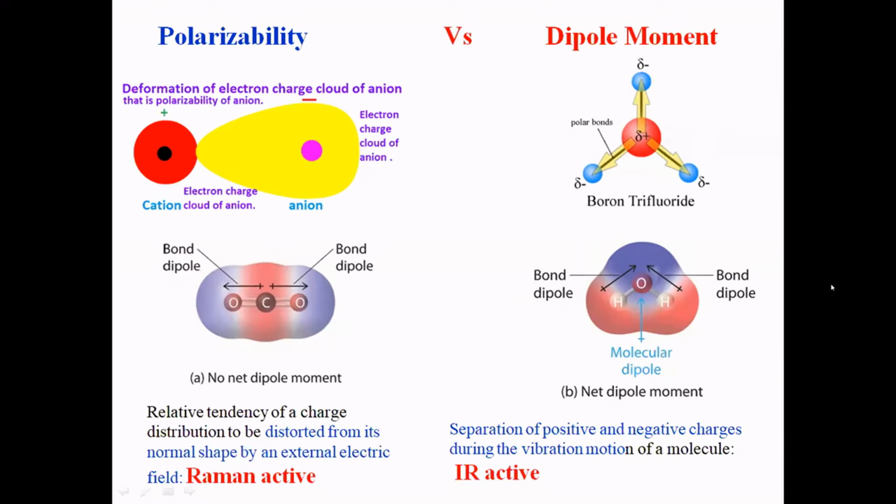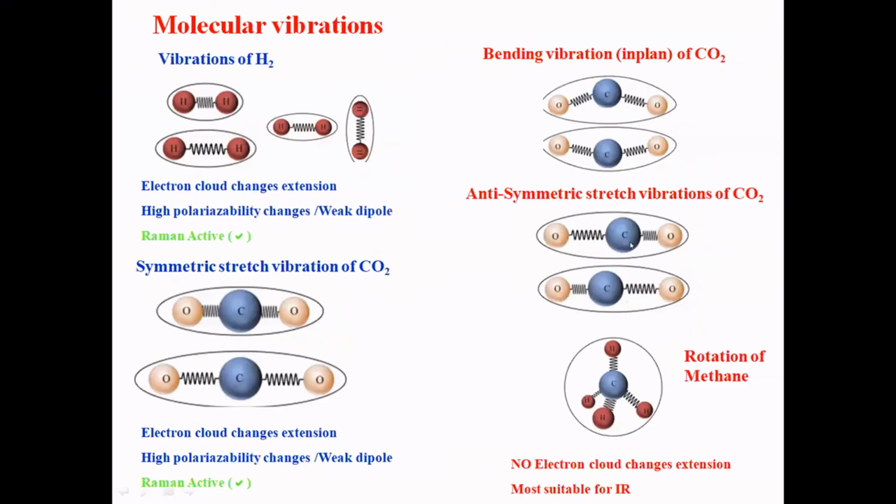So this is the key difference between polarizability and change in the dipole moment during the vibration, because the atoms and molecules keep on vibrating within the structure. That makes these kinds of effects. These are typical examples: what structures, what stretching are possible, and for what kind of molecule you can think about Raman or IR.